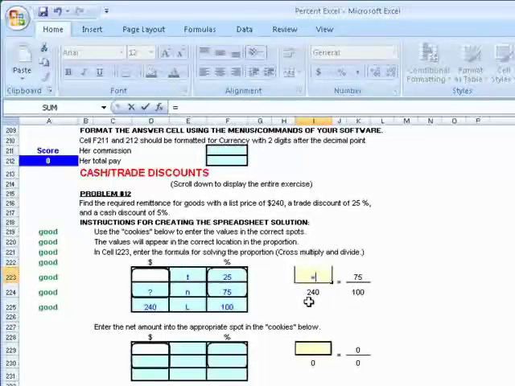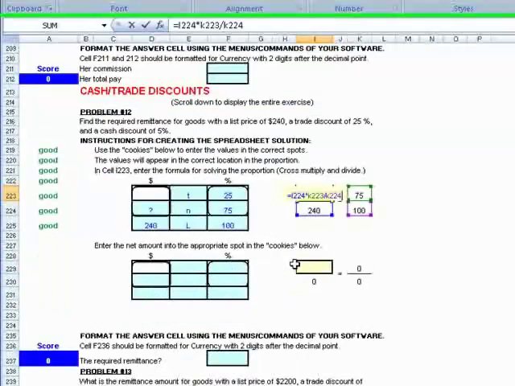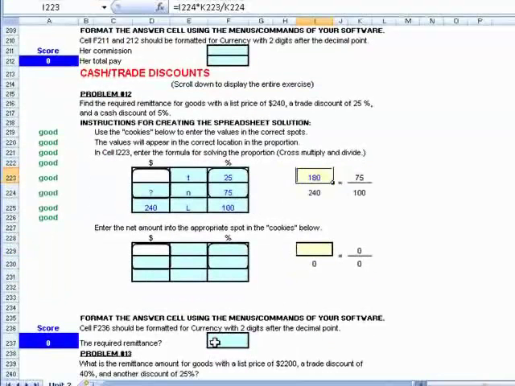Now when we cross multiply and divide, it's going to be $240, which is in I-224, times K-223 divided by K-224. And when we do, we get $180, so we'll write $180, and let's see what happens.